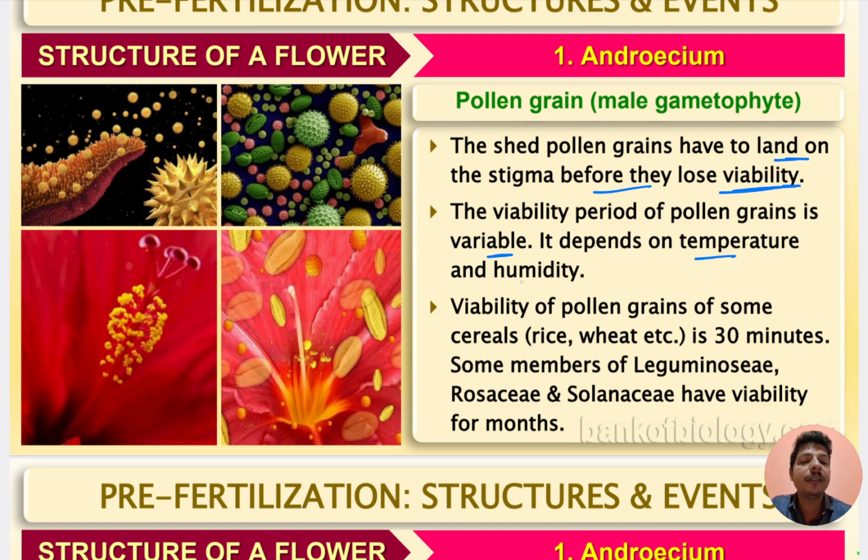It depends on temperature and humidity. The viability of pollen grain of some cereals like rice and wheat is 30 minutes. After 30 minutes, the pollen grain is dead. Some members of the leguminous, Rosaceae and Solanaceae families have viability for months. So it is variable.